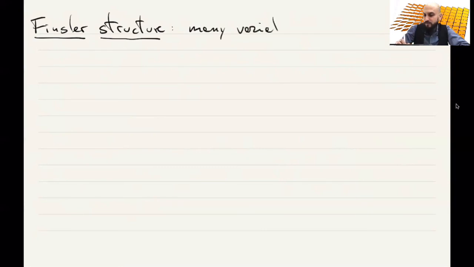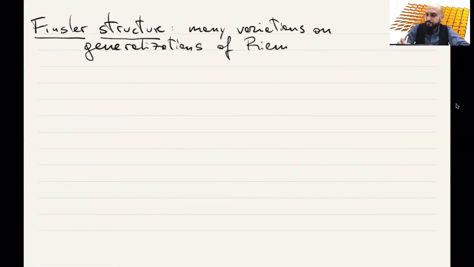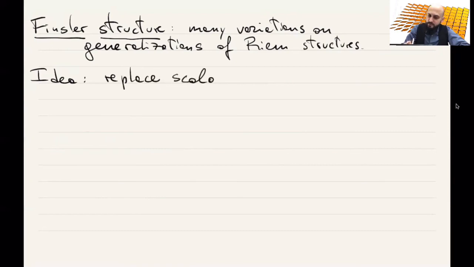They are generalizations of Riemannian geometry, and one can do different types of generalization, but the first idea is that one just replaces scalar products with norms.